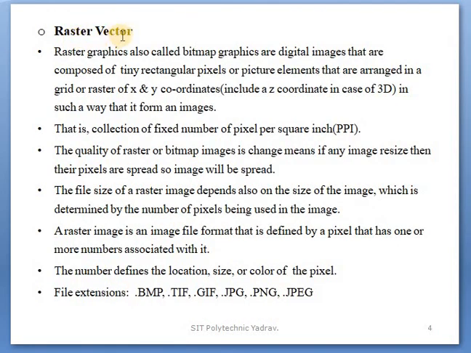Next, second, raster graphics. Raster graphics, also called bitmap graphics, also known as raster image or bitmap image, are digital images that are composed of tiny rectangular pixels, or picture elements, that are arranged in a grid or raster of x and y coordinates, including a z coordinate in the case of 3D, in such a way that they form an image.